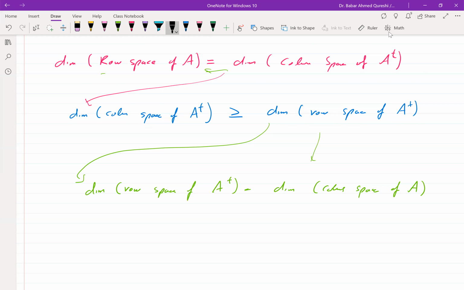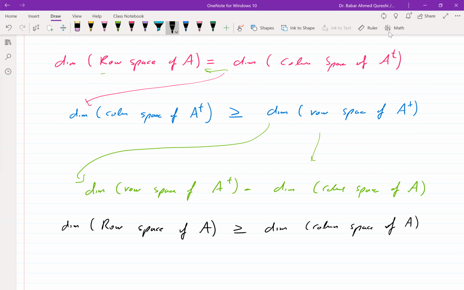So I have proved the dimension of row space of A is bigger than or equal to the dimension of column space of A. Right?